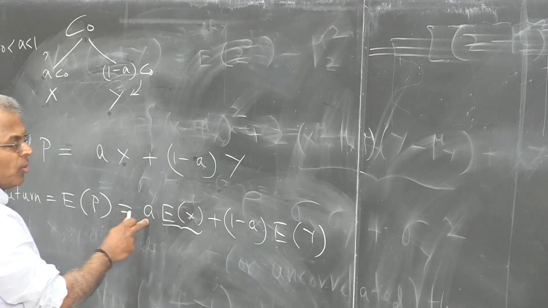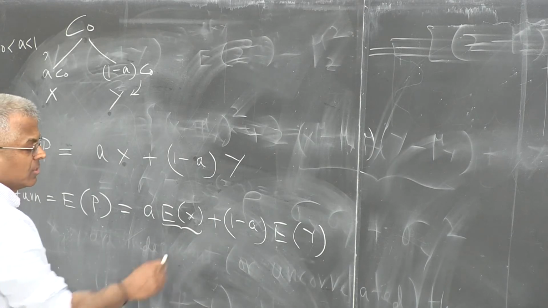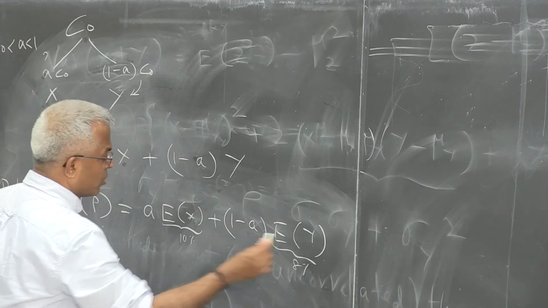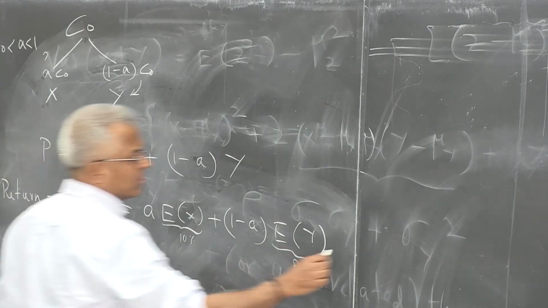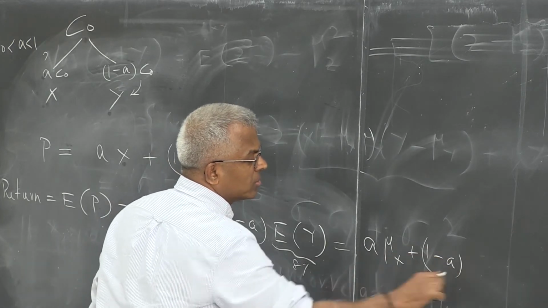So if you know a, then I know what I can expect from this return. Those numbers are known. So I'm going to write this as a mu X plus (1 minus a) mu Y.